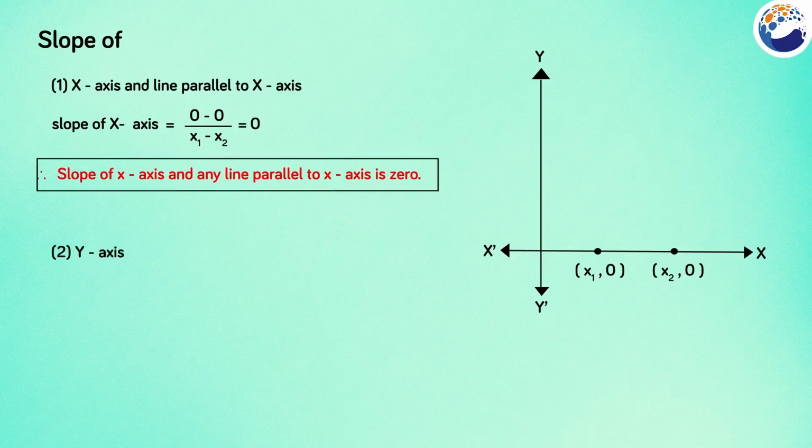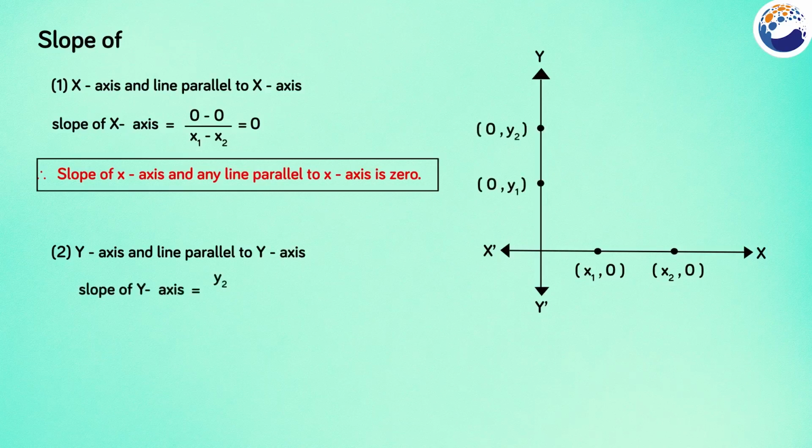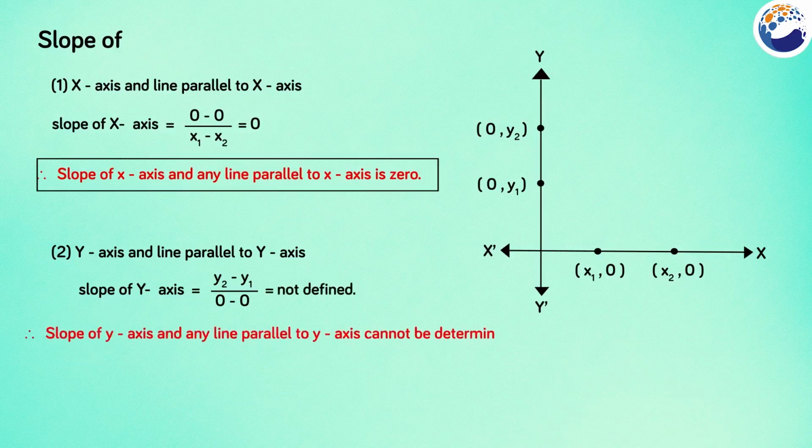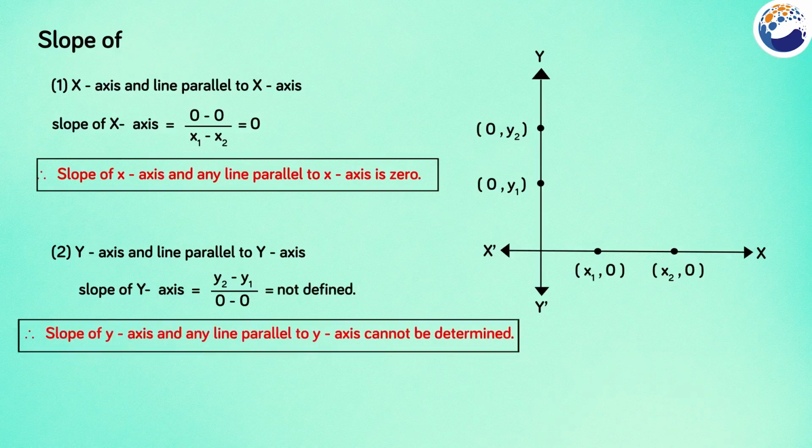Second, the y-axis and lines parallel to the y-axis. Let us take 2 points (0, y1) and (0, y2) on the y-axis. Slope of the y-axis is equal to (y2 minus y1) upon (0 minus 0), which is not defined. Therefore, the slope of the y-axis and any line parallel to it cannot be determined.